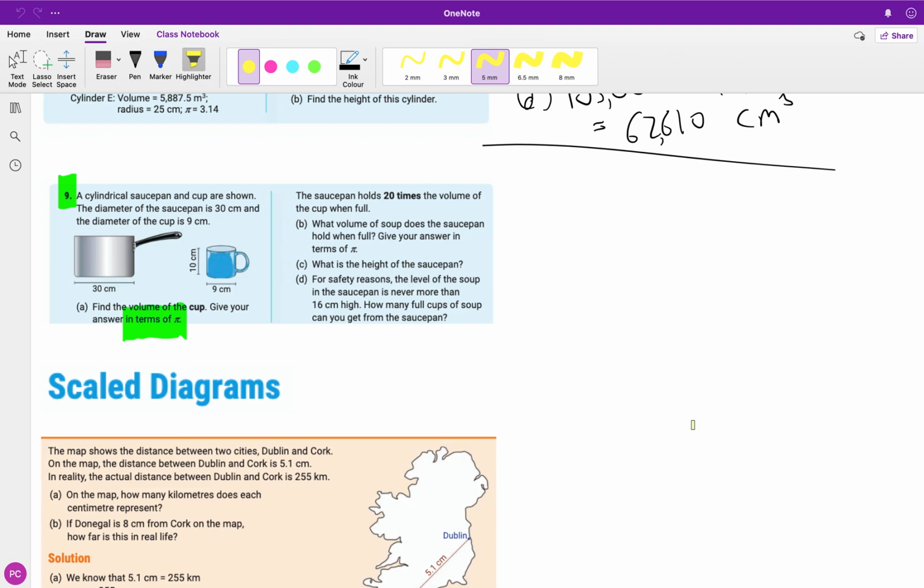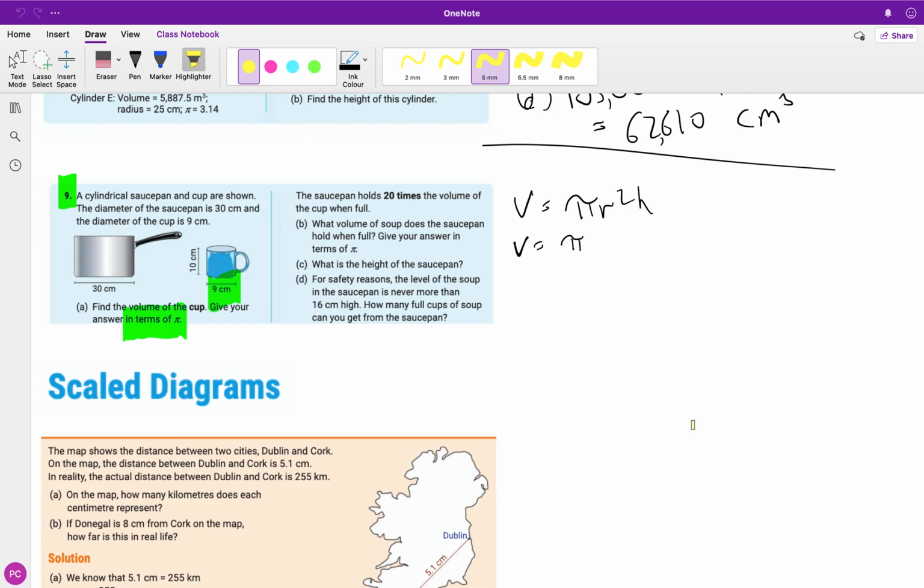We're looking for volume, and that cup is a cylinder as well, so we're going to use our same formula, pi r squared h. That's going to be our volume. We're going to sub in what we know. Be very careful, they've given us a diameter as opposed to a radius. So our volume is going to be pi radius squared.